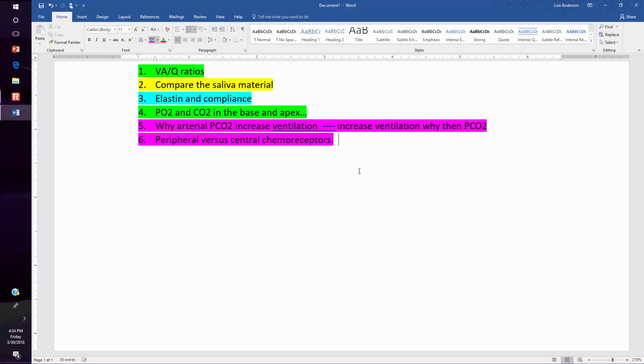And then P little a CO2 is how much CO2 is in your blood. P big A CO2 is how much CO2 is in your alveoli. So little a is arterial, big A is alveolar. They're in communication and they tend to be a similar number.